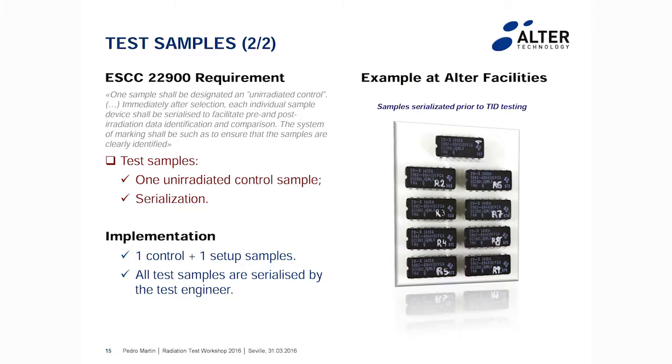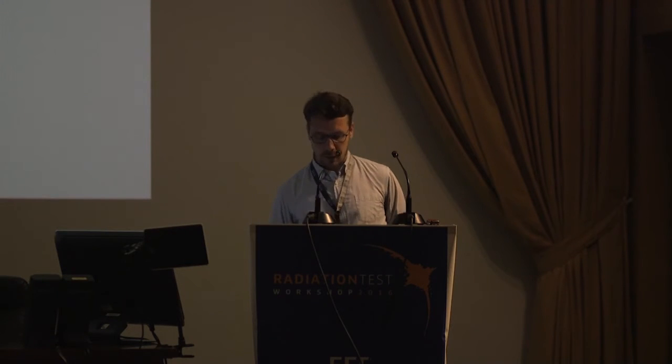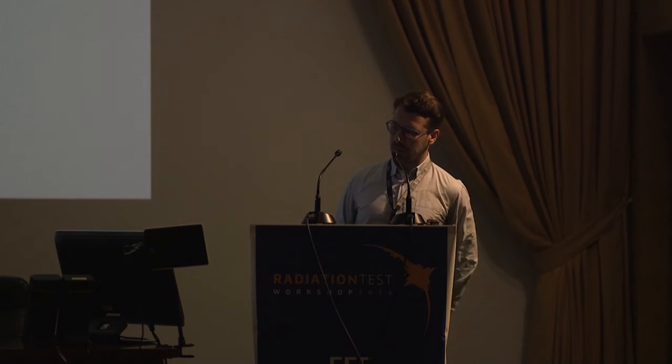And also, it's very important to keep the traceability, to perform a serialization before starting the test, of course, because different electrical measurements are performed on the test samples, and it's very important to keep the traceability, as I said before. And also, it's necessary to use one control sample to gain confidence in the electrical measurement system.